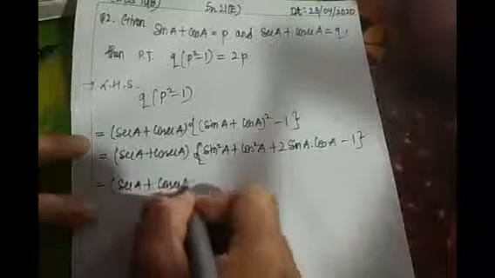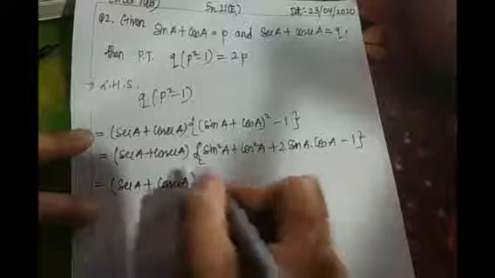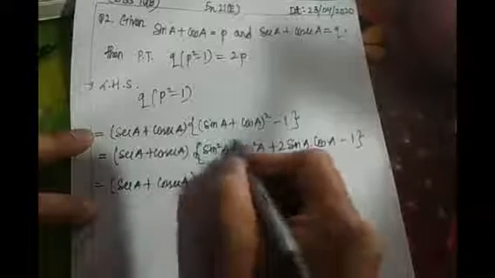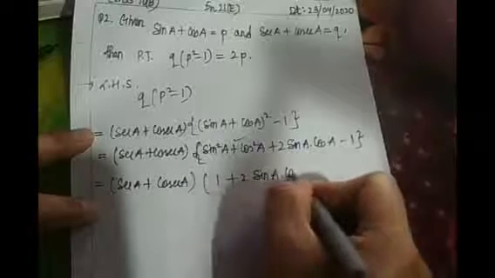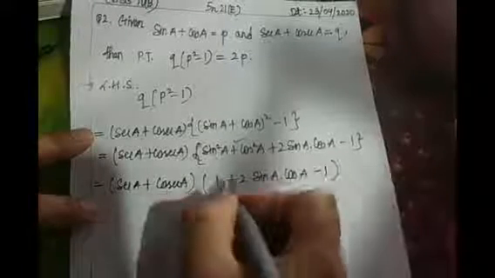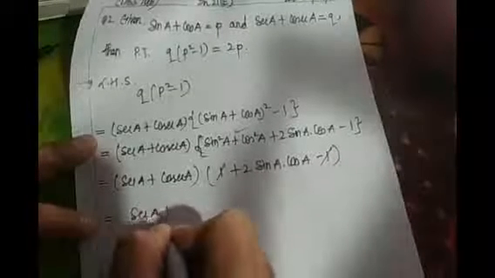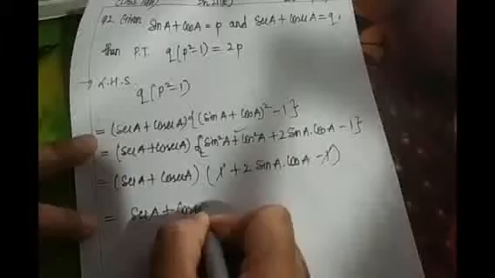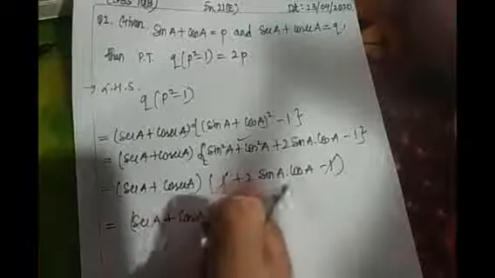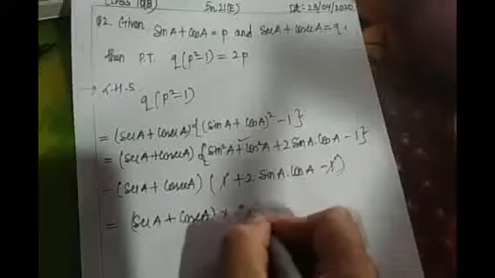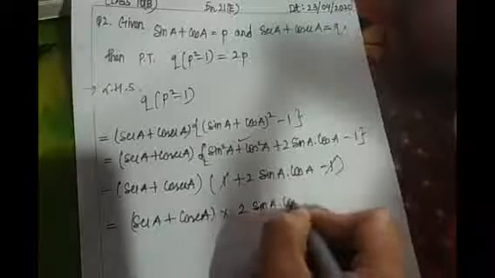So sec A plus cosec A, into the value for sin square A plus cos square A which is 1, plus 2 sin A into cos A, minus 1. So plus 1 and minus 1 get cancelled out. Since they cancelled out, we are only left with plus 2 sin A into cos A. So I can simply write 2 sin A into cos A.